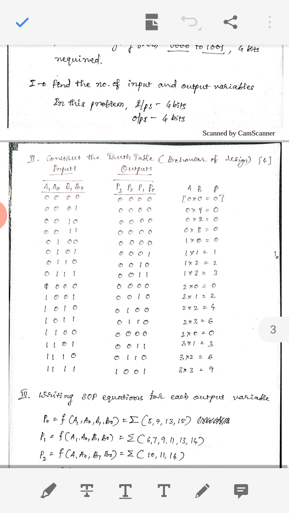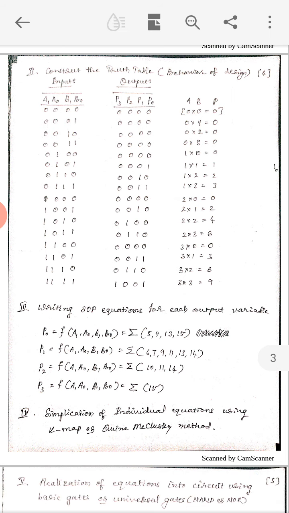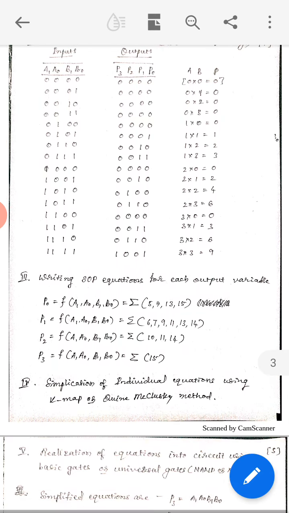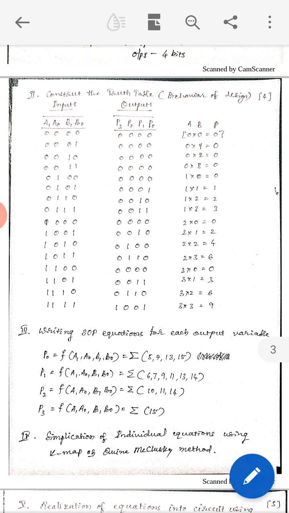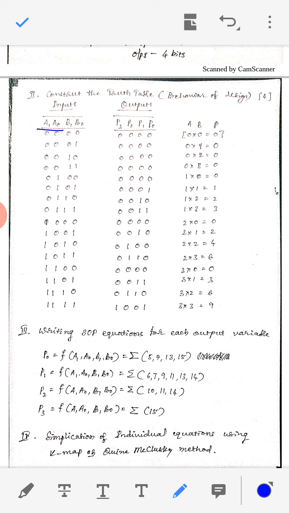So how will it be? When A is 0, B is 0, the product is 0. When A is 0, B is 1, 0 into 1 is 0. 0 into 2 is 0.